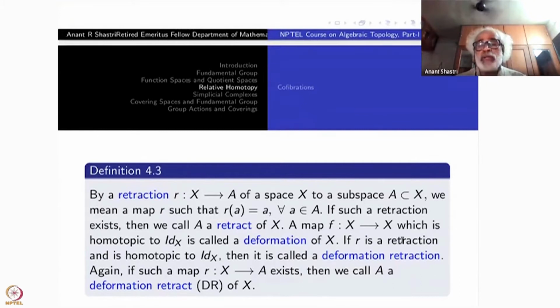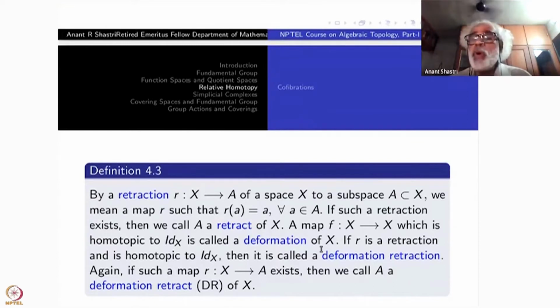A function f from X to X, which is homotopic to identity, is called a deformation of X. Any function which is homotopic to identity will be called a deformation of X. Often some people call the homotopy itself a deformation, because that is the action of deforming. From the identity map, you have taken some other function.